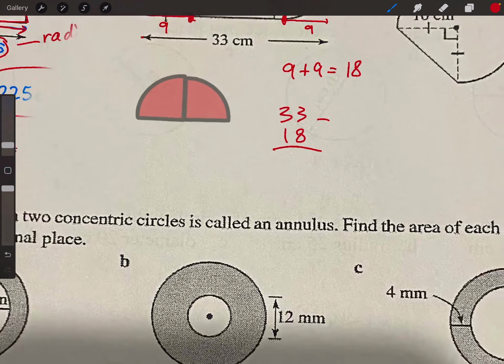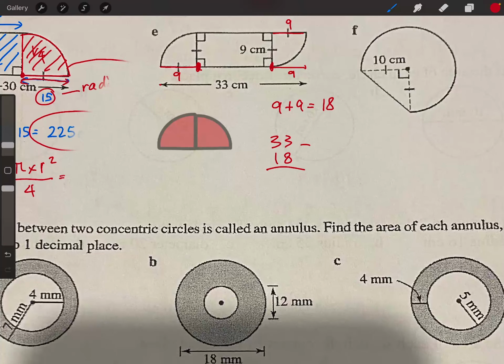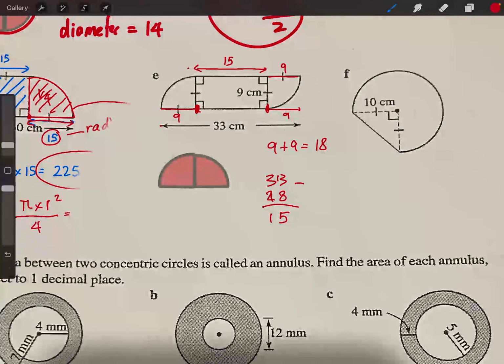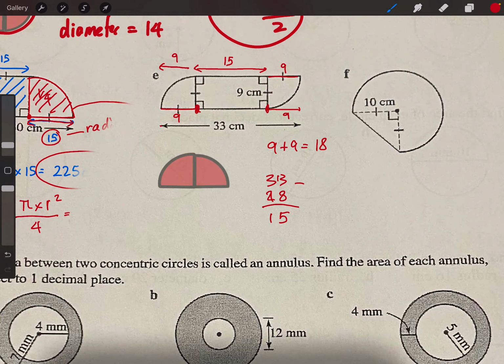So 33 take away 18 is 15. That means this distance here must be 15, because 15 plus 18 is equal to 33.